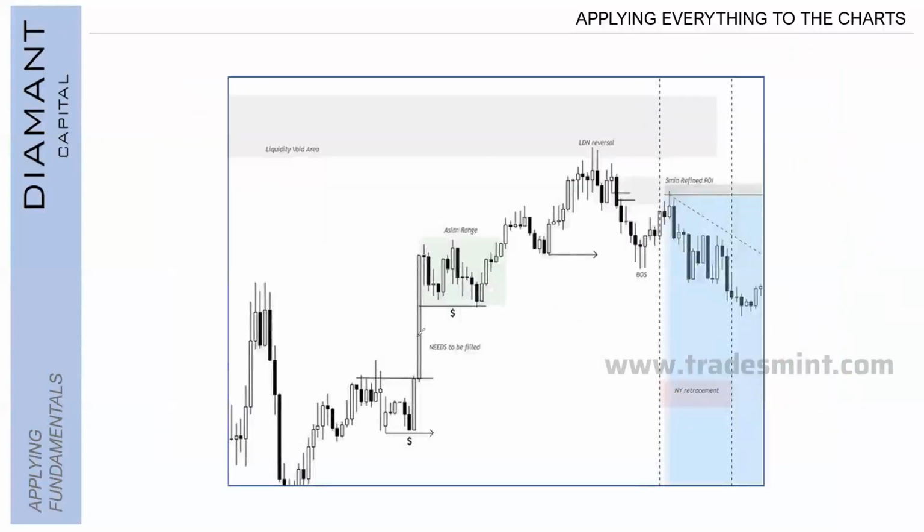Now we're back onto the lower time frame. So we reached this area of the liquidity void. As we were doing so, we were also looking at price action in terms of time and price. So what that meant is obviously this is our third step in our checklist. So we had the Asian range right here identified.